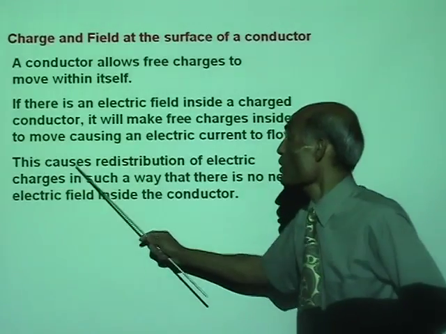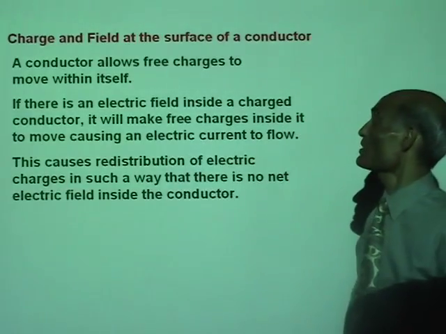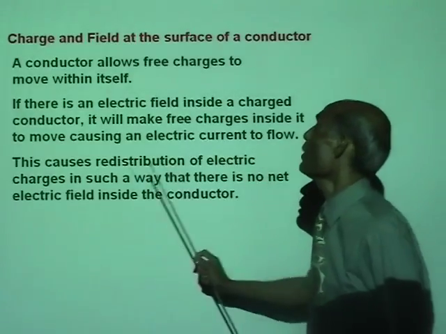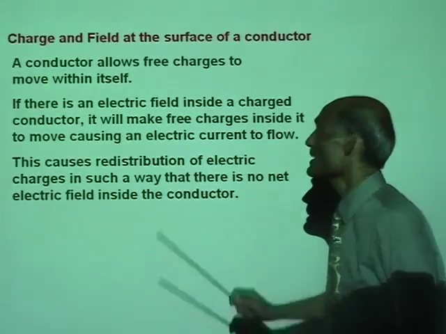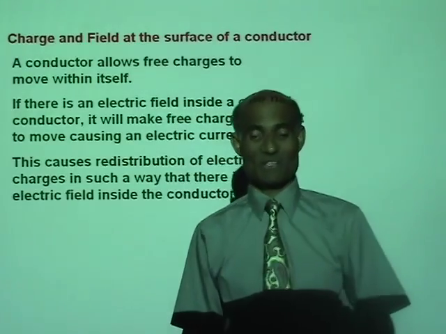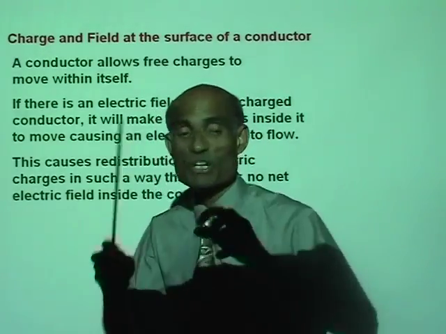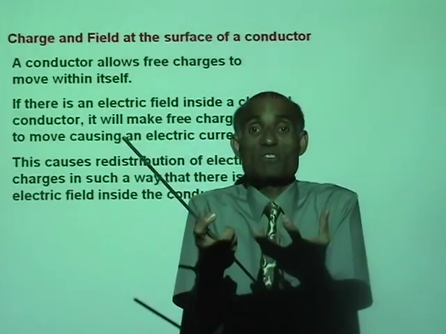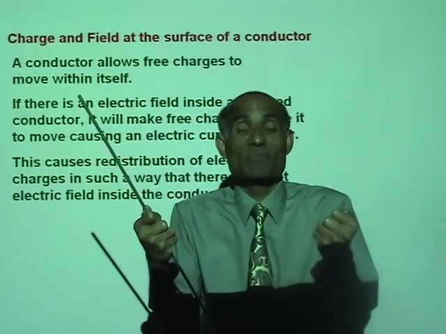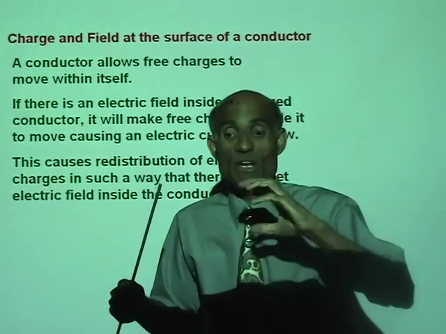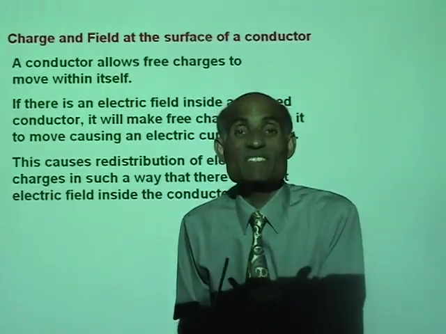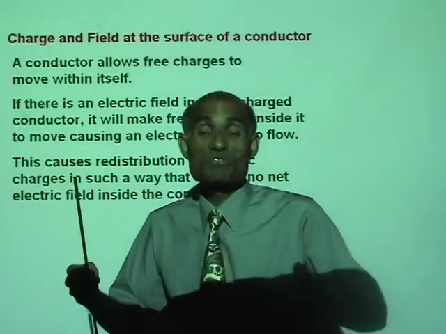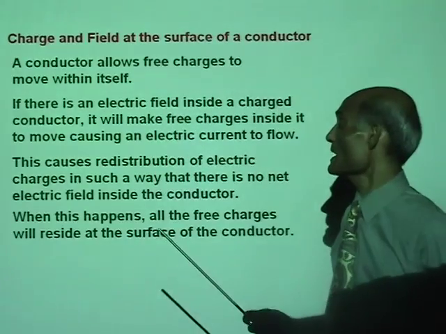Now, that means this causes redistribution of electric charges in such a way that there is no net electric field inside the conductor. So, when you have a conductor that is given an amount of charge, these charges will redistribute themselves so that there will be no net electric field inside the conductor. And when they redistribute, where are they going to be?